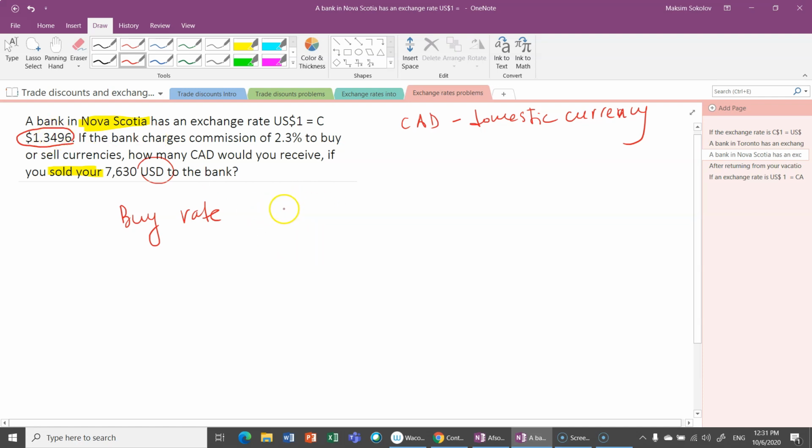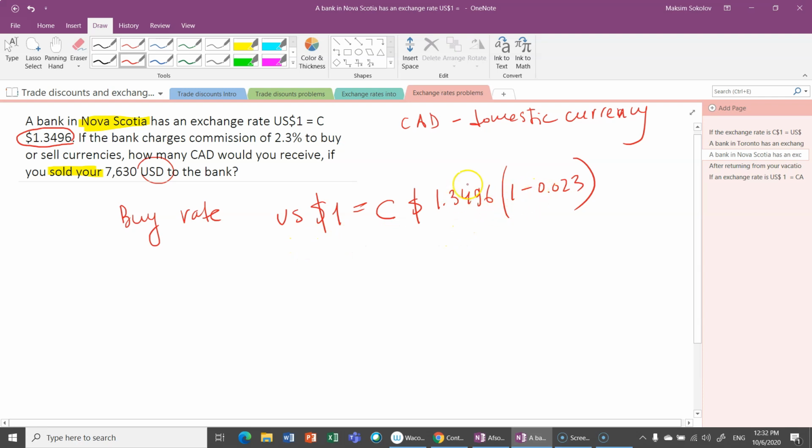In this case, the buy rate would be US $1 is Canadian 1.3496, with commission being subtracted here from the domestic side. Okay, so that's the buy rate.